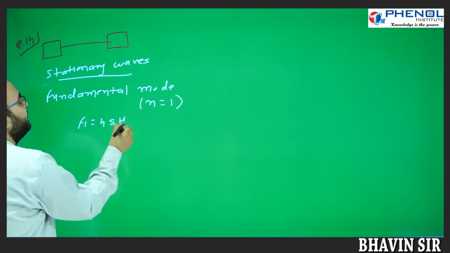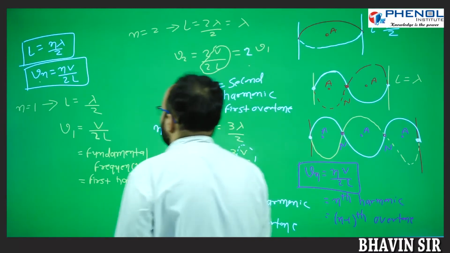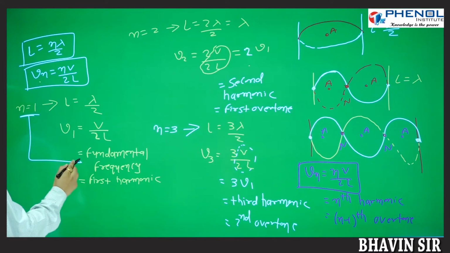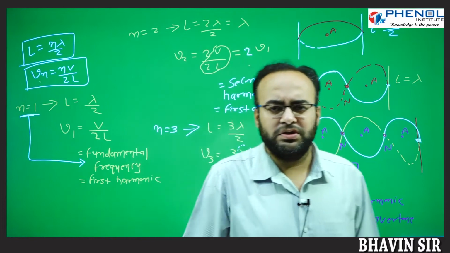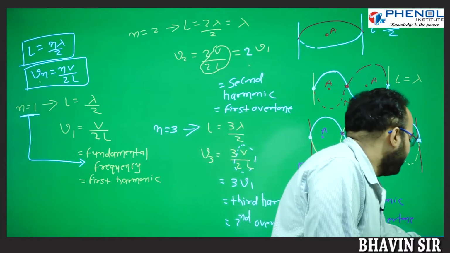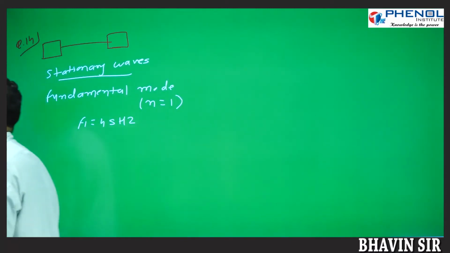Why do we write F1 here, students? Because for n equal to 1 it is known as the fundamental frequency. That's why fundamental mode is given, so we write F1 and n equal to 1.